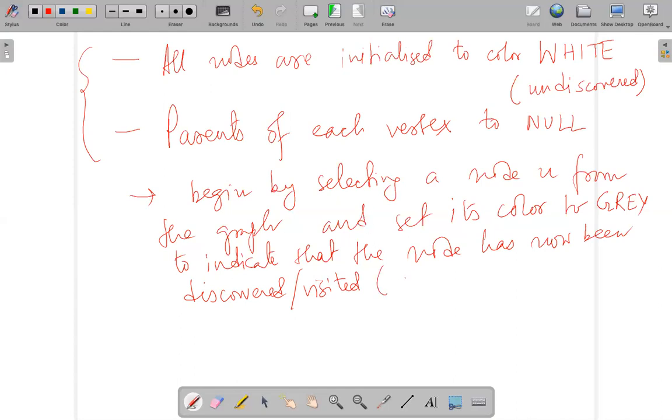And we will assign to this node a discovery time zero. Okay. The discovery time associated with this node will be 0.